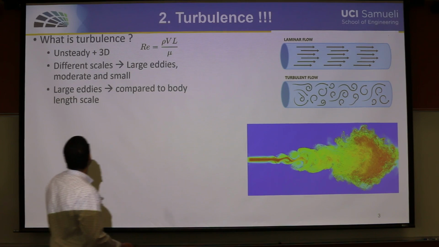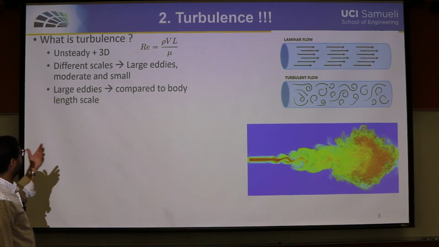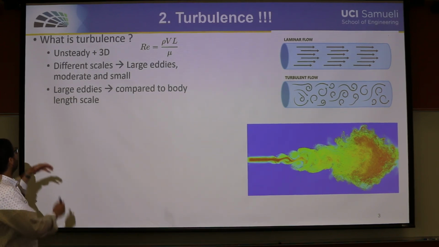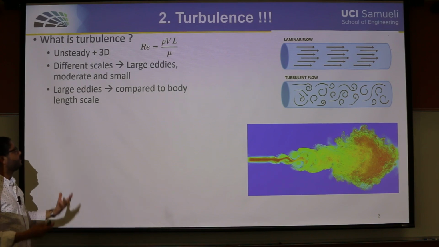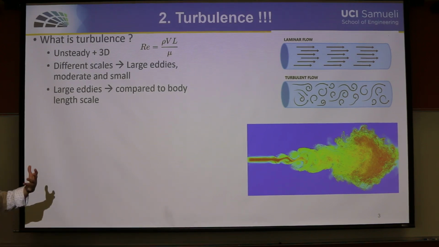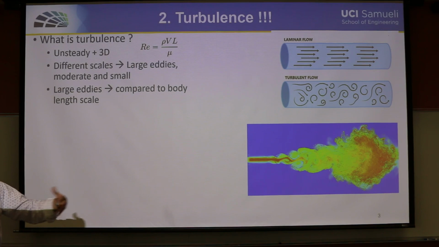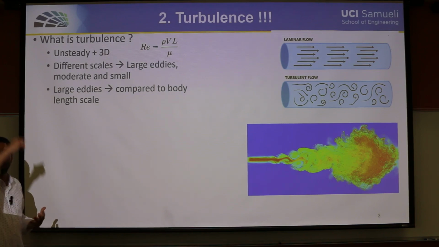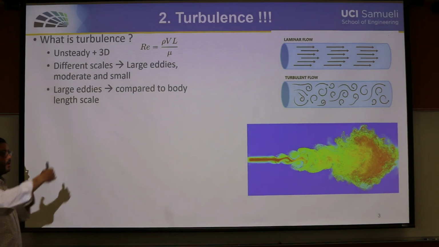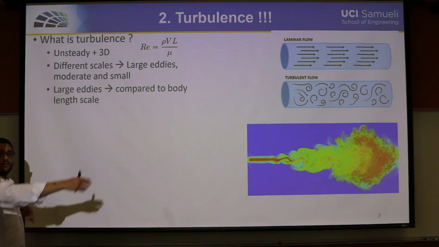And that brings us to the very good question: what is the size of the large eddy scales? Most of the time, the size of the large eddy scales is compared to the body. If you have an external flow, your large turbulent scales are of the order of the length of your body.